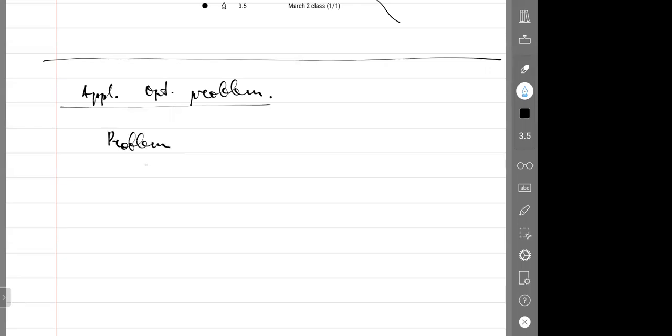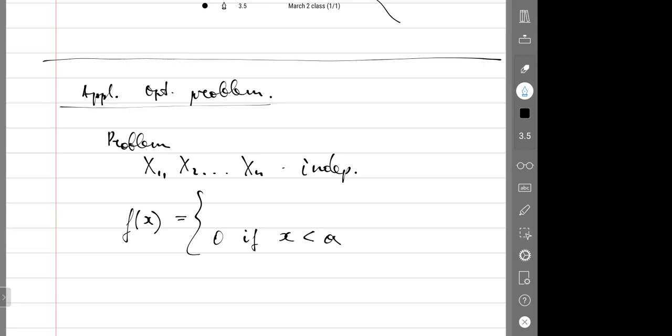You have x1, x2, xn independent, and they have a density function that has two unknown parameters. You have either 0 if x is less than a, and you have lambda times exponent of minus lambda times (x minus a) if x is greater or equal than a.